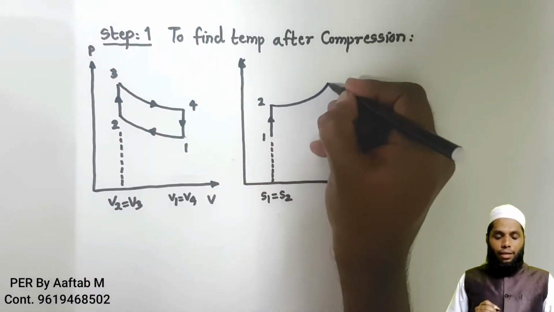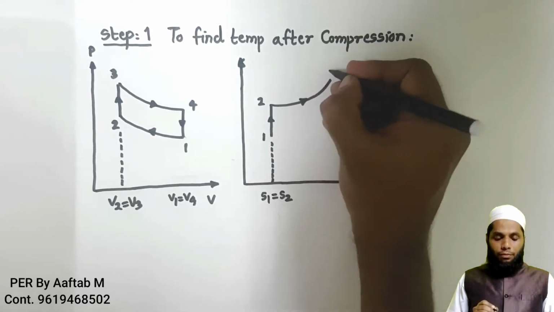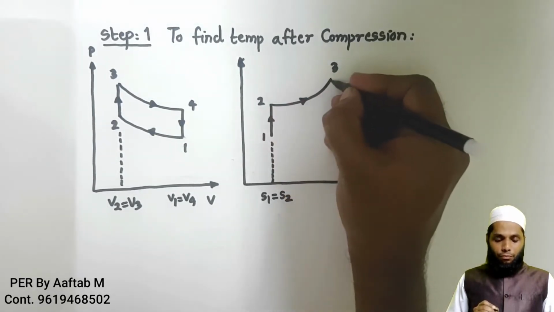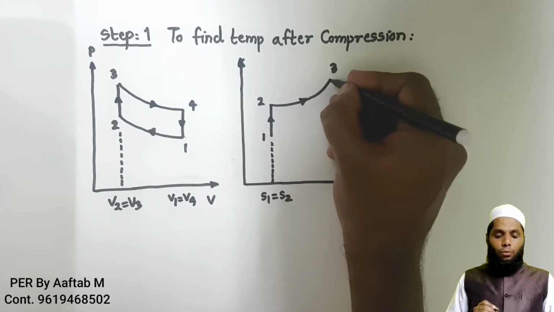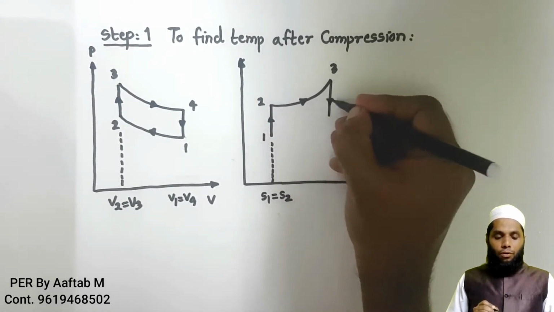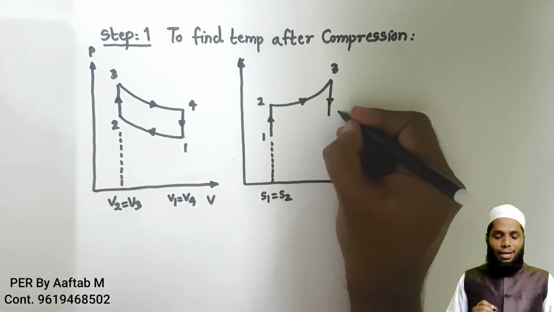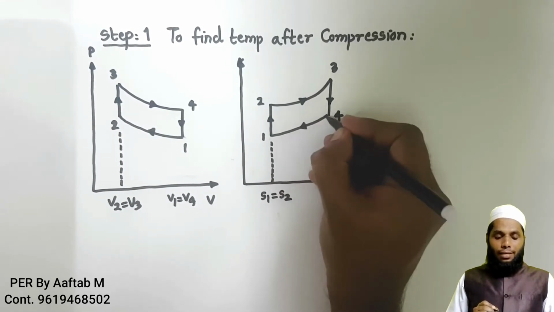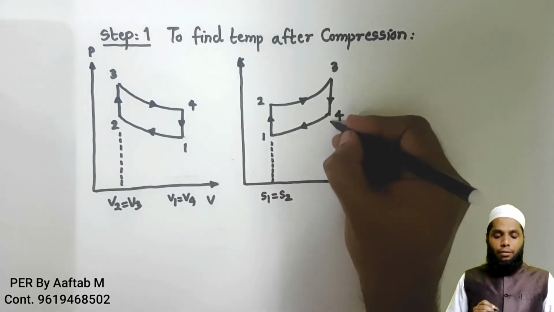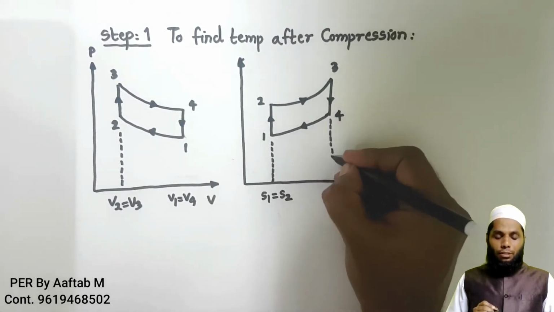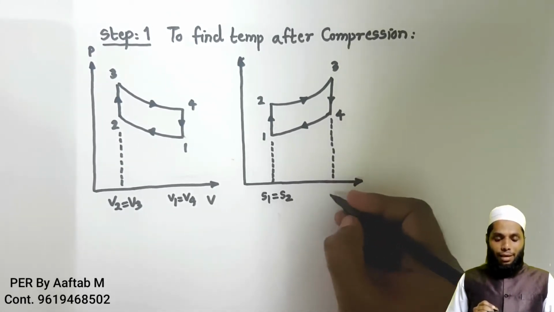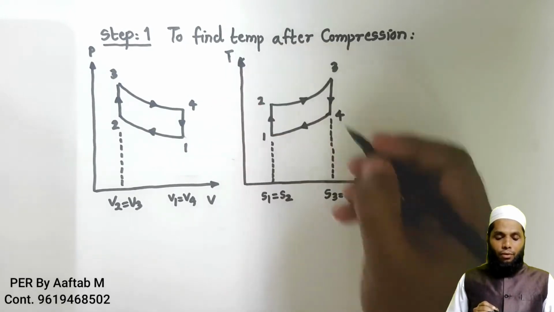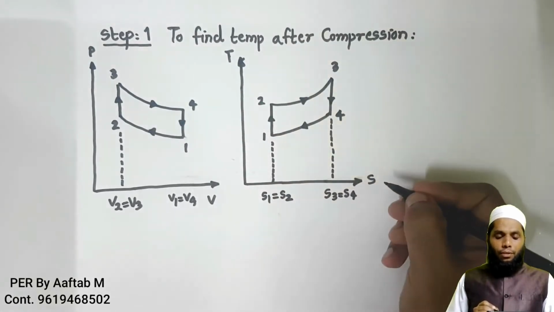Then we have next process 2 to 3, that is constant volume heat addition. Then 3 to 4 we have adiabatic or isentropic expansion. So again, for isentropic expansion also, the entropy remains constant, and we'll denote that as S3 is equal to S4, and 4 to 1 process we have heat rejection process.